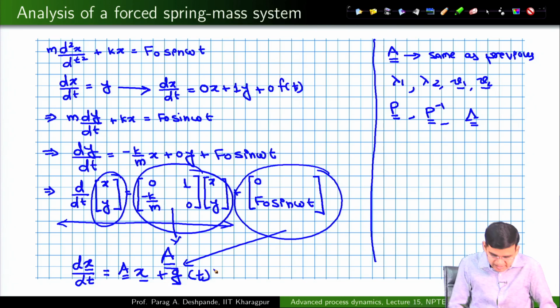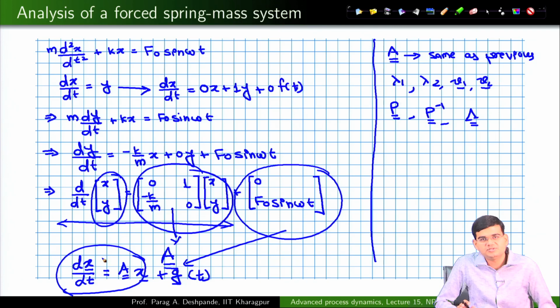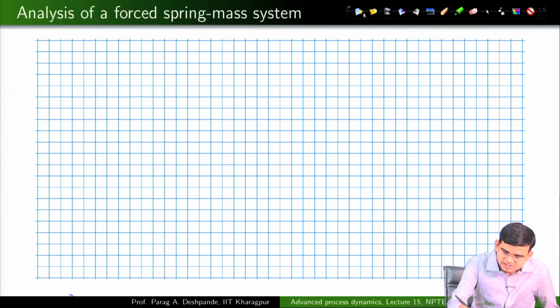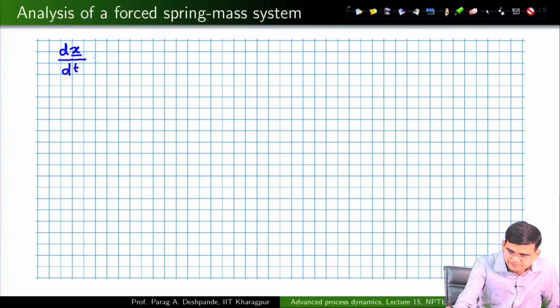So again the first two parts were the same, you have the new g of t now. So, what is the solution procedure? dx/dt is equal to A x plus g. It is a function of t.